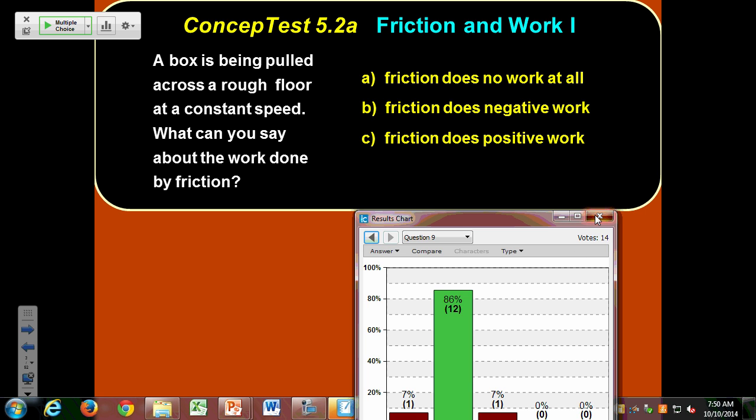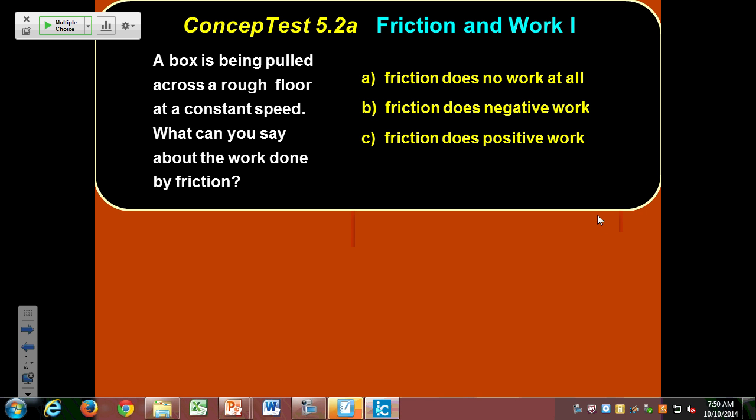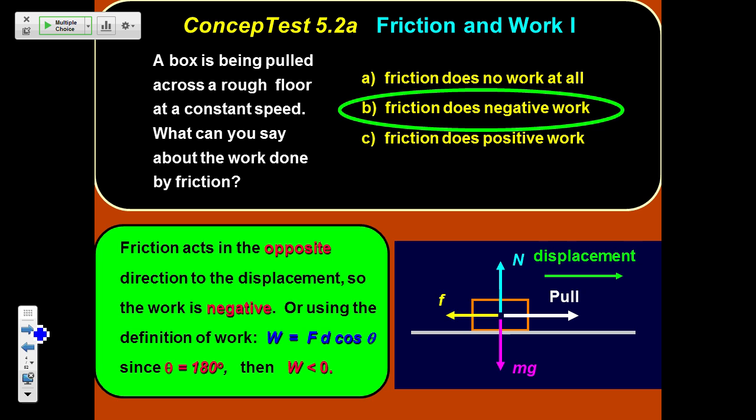B is right. Friction almost always does negative work. If I'm pushing it across the floor with a certain force in this direction, I have a displacement in that direction. The frictional force is opposite the direction of motion, so these two vectors are opposite one another, so the work is negative. Friction usually does negative work. We'll see one case where it doesn't.